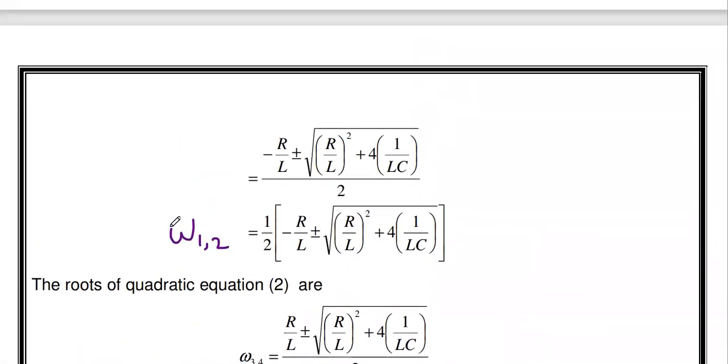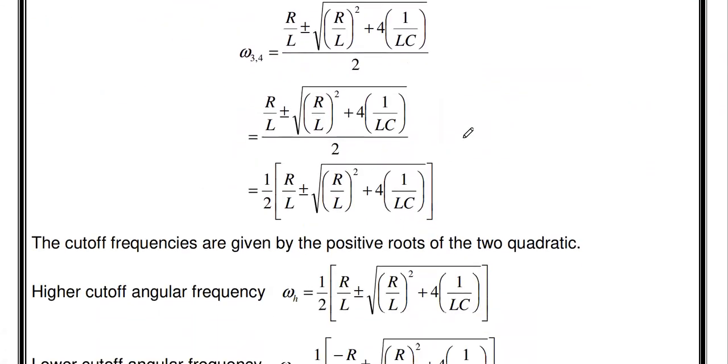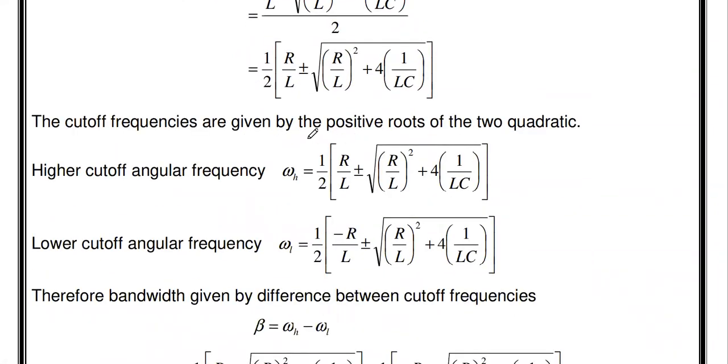Okay, so of these 4 roots, omega 1, omega 2, omega 3, omega 4, two roots are negative and two roots are positive. So we have to take those two positive roots. Of these, the highest value is omega H. So omega H is equal to 1 by 2 into R by L plus square root of R by L the whole square plus 4 divided by LC.